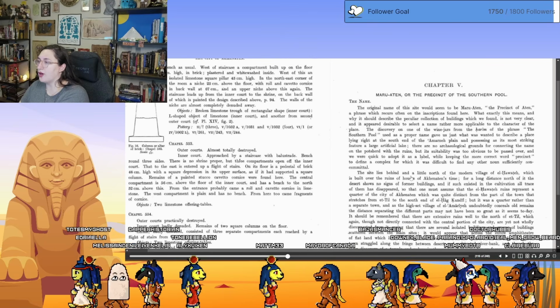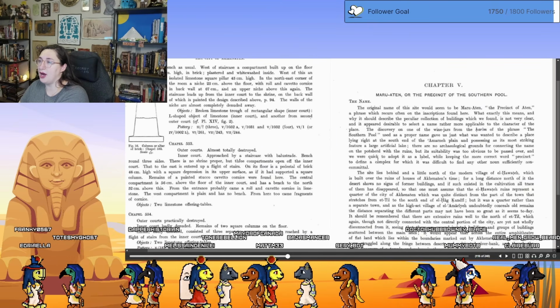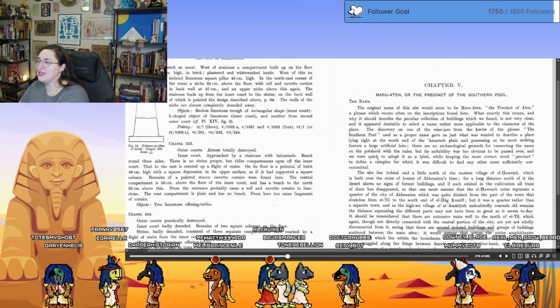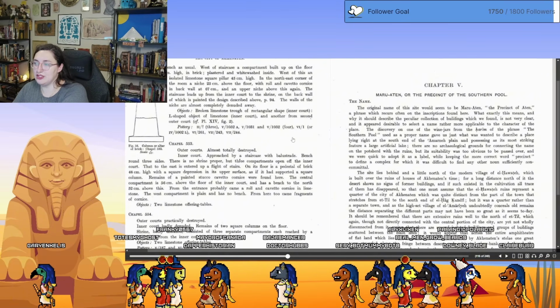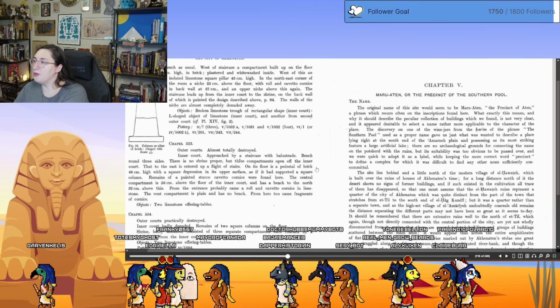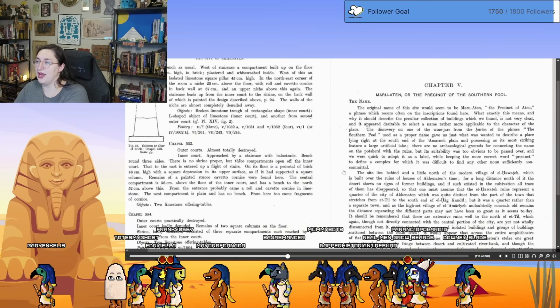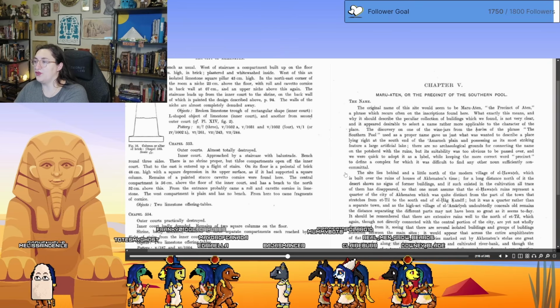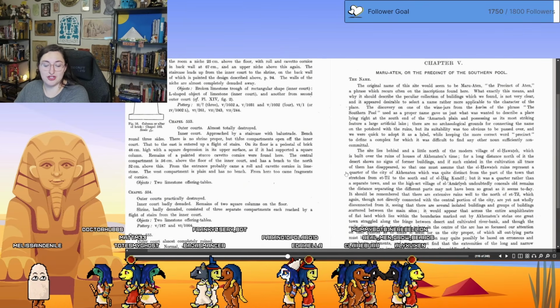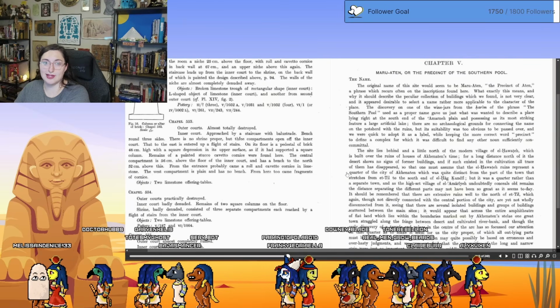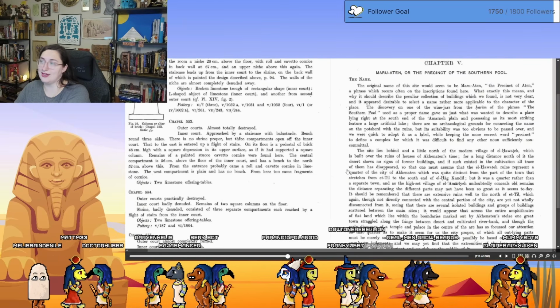There are no archaeological grounds for connecting the name on the potsherd with the ruins, but its suitability was too obvious to be passed over, and we were quick to adopt it as a label while keeping the more correct word precinct to define a complex for which it is difficult to find any other noun sufficiently non-committal. So as you can see, they pretty much see something and they're like, we're just gonna call it this because that's what we think it is.